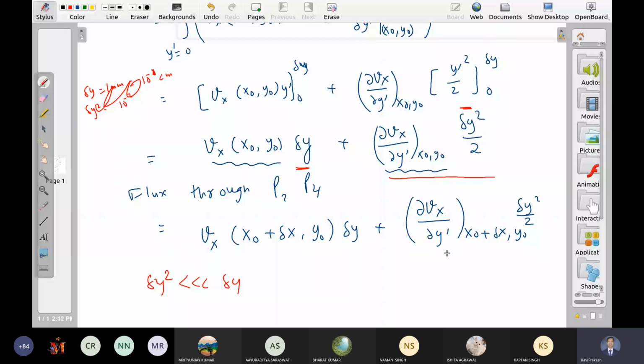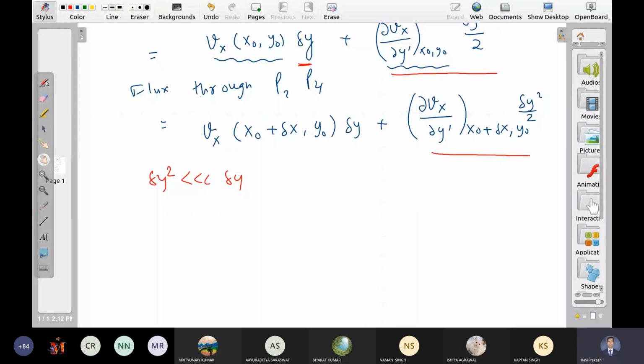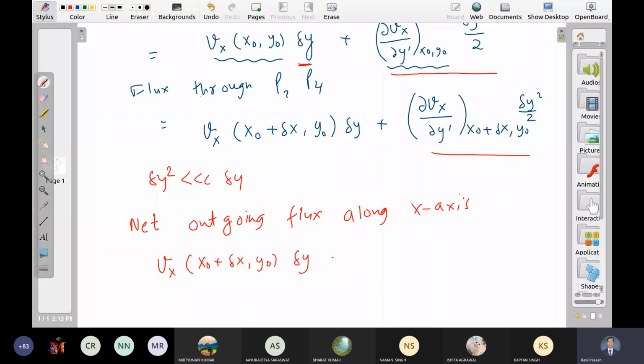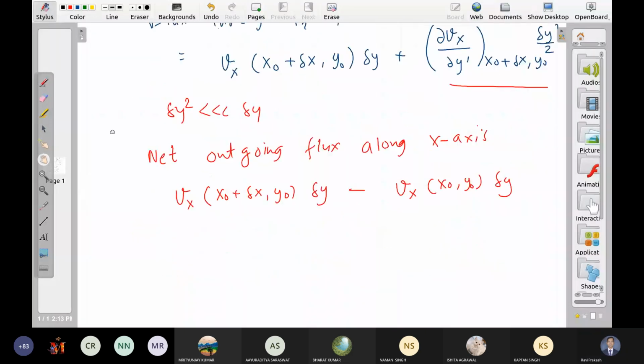So what is the net outgoing flux in the horizontal direction? It is this Vx at x naught plus delta x, y naught, delta y, minus this quantity. What is this quantity? Any idea?